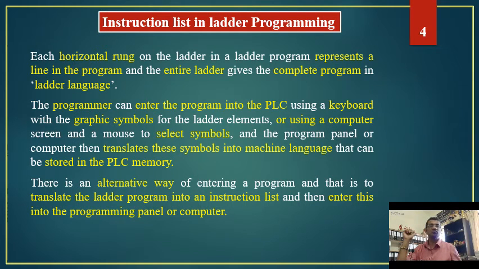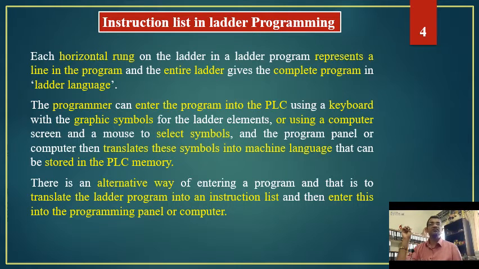which we normally use in regular coding. And instruction list is a textual way of representing the program. It is something like pseudocode that is written in normal coding, right? So instruction list is somewhat similar to pseudocode, whereas ladder programming is somewhat similar to a flowchart. Ladder programming is the graphical representation; the textual representation is the instruction list.